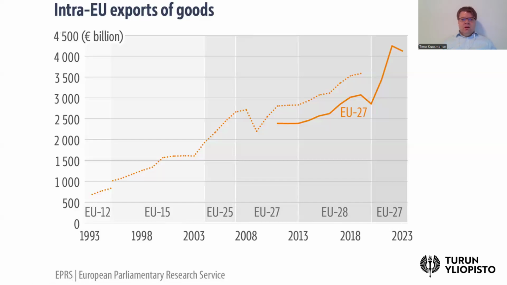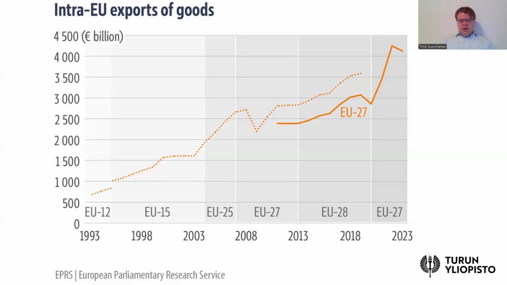These extensions and eventually Brexit change the composition of countries in the EU, and that partly explains the growth in intra-EU exports, because when a larger group of countries joins the union, the volume of intra-EU exports tends to increase.